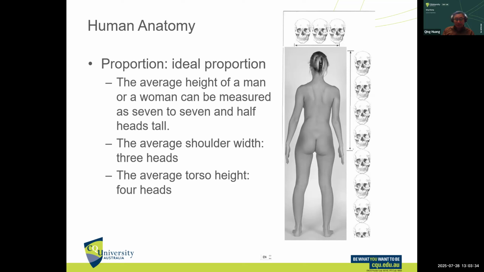The average shoulder is 3 heads, average torso 4 heads, and the average height for torso 4 heads, not only from top to the waist, but also to the belly button or to the heel.